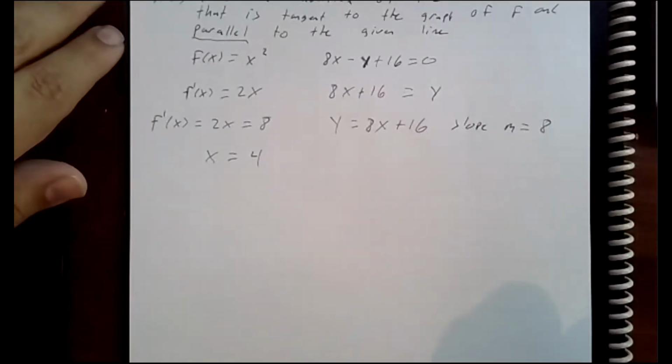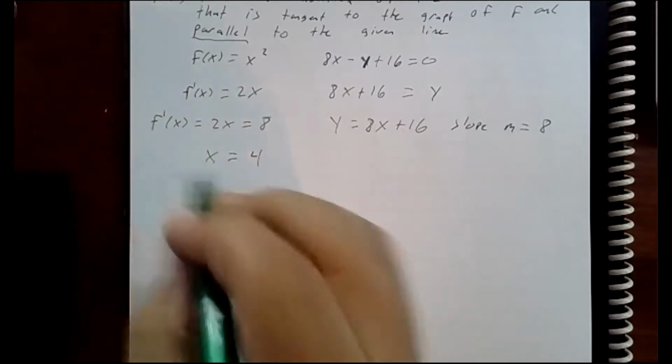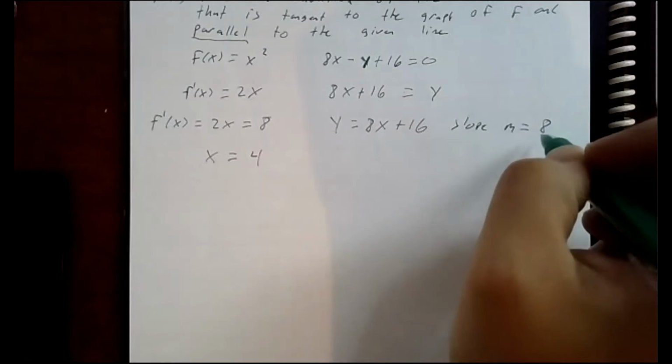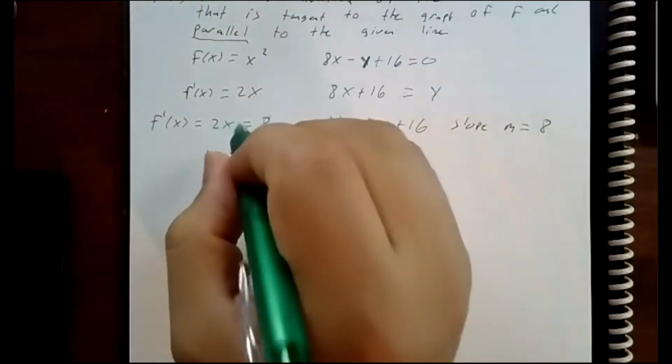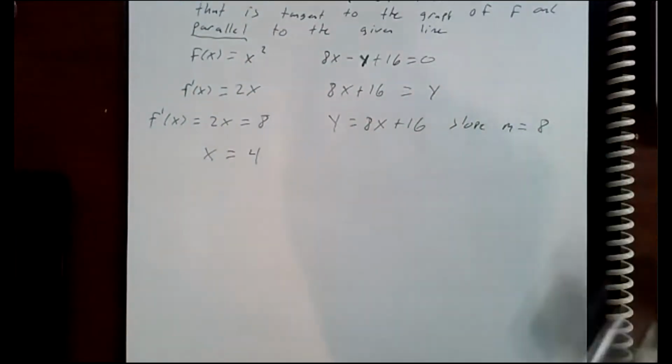So all those ideas need to be in play before we start solving it, right? Because we're looking for some line that's parallel to this and tangent to the graph. So we have to use the same process we did to find the tangent line. We're just using this idea.